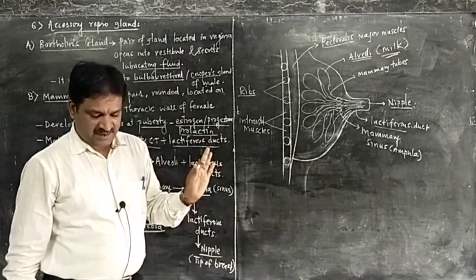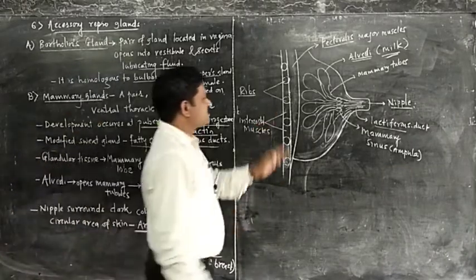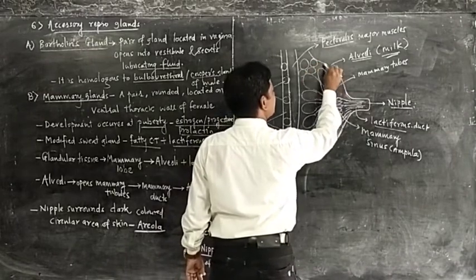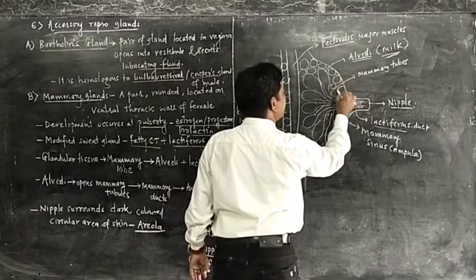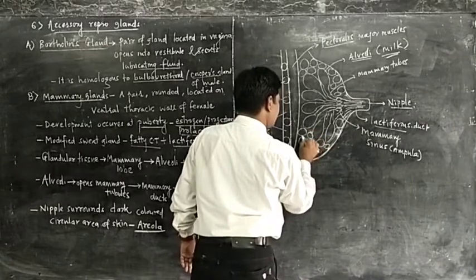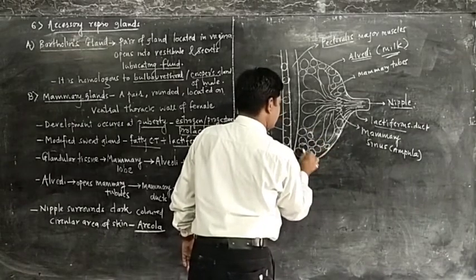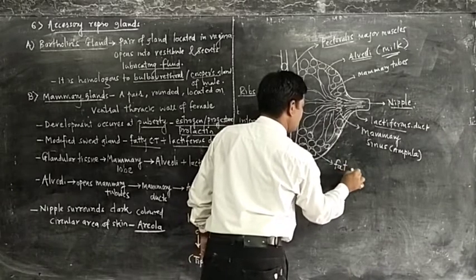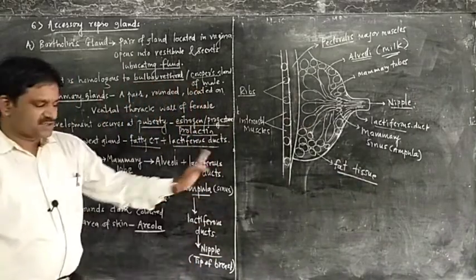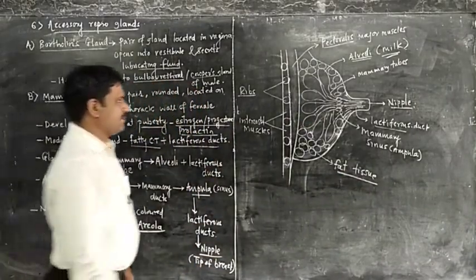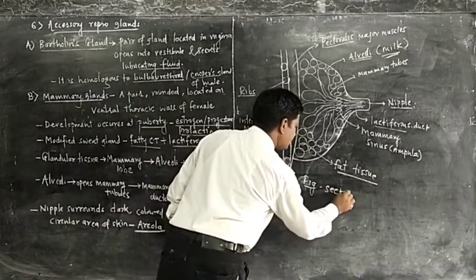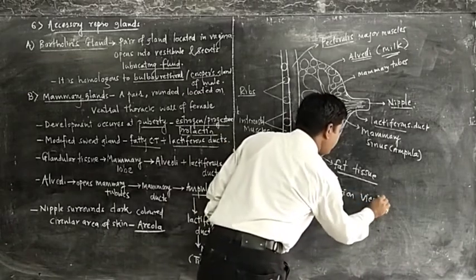That is why this gland is called a milk secreting gland. Around this glandular tissue there is fatty tissue, or fat. This is the section view of the mammary gland.